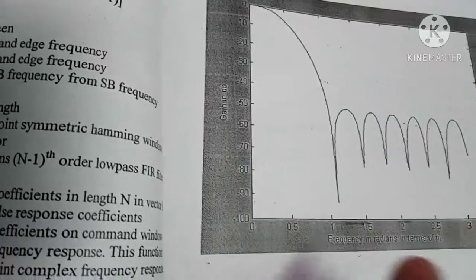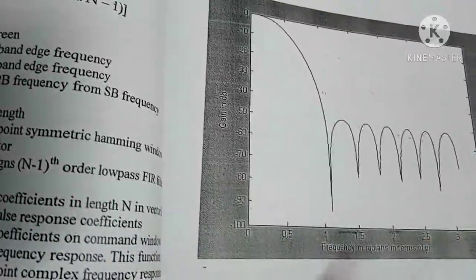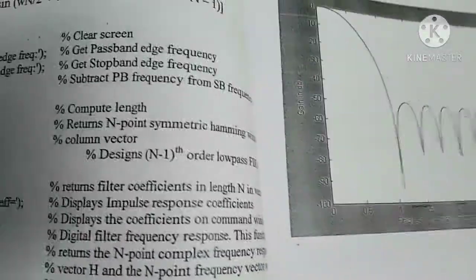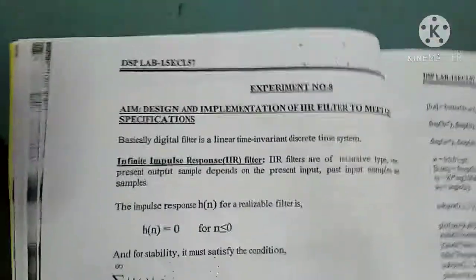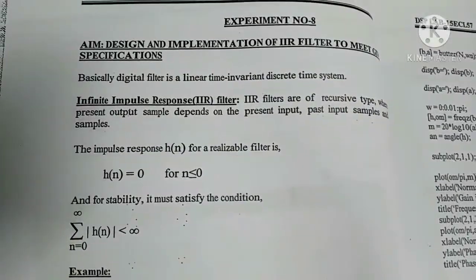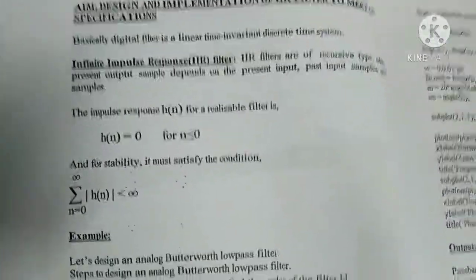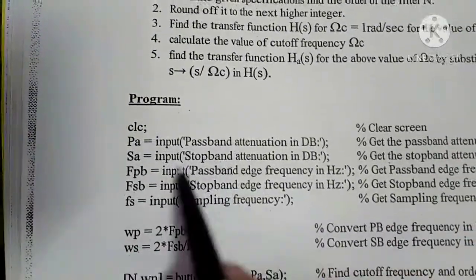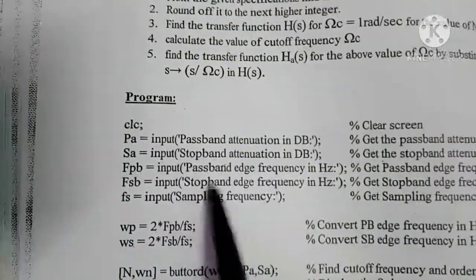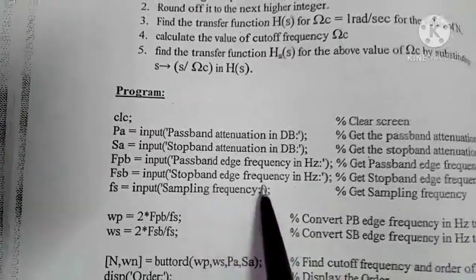So it is allowing some frequencies and not allowing the higher frequencies, just allowing the lower frequencies. Okay, the next program is the implementation of an IIR filter to meet the specifications. Here also we are taking the pass band frequency, the stop band frequency, pass band attenuation and stop band attenuation.